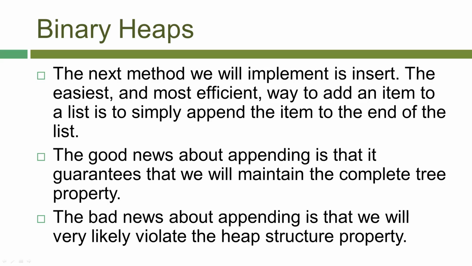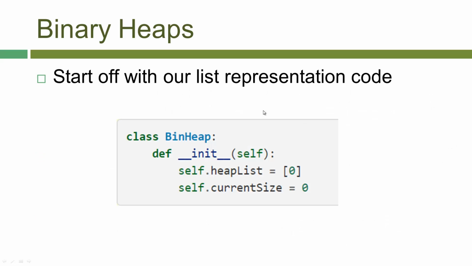And what I wanted to point out here is that the next method we're going to implement is insert. And before we implement insert, let me go back real quick and clarify every step that's going on here. We're beginning our implementation of a binary heap just with this simple constructor, BinHeap. And since the entire binary heap can be represented by a single list, as we just saw, all the constructor will do is initialize the list and an attribute currentSize to keep track of the current size of the heap.